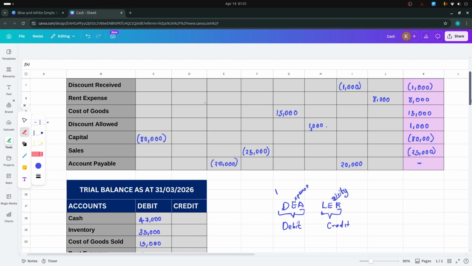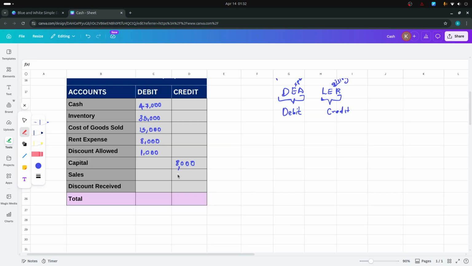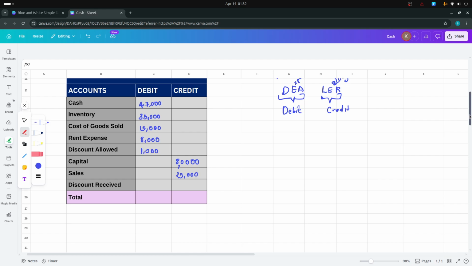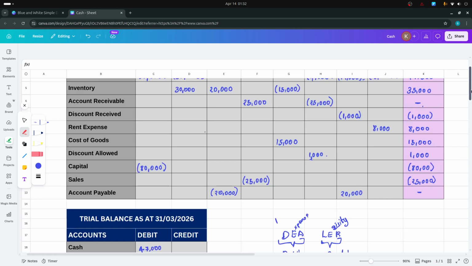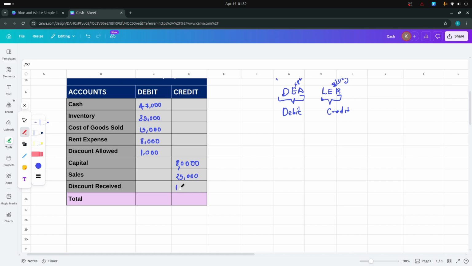And then sales, which is revenue, has a balance of 25,000. Then we have discount received with 1,000. And then when we sum these, we are going to have a total of 106,000.